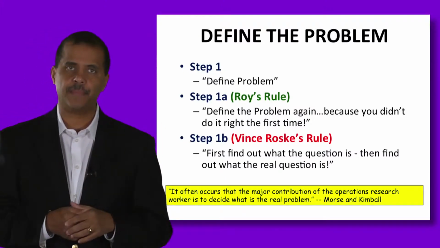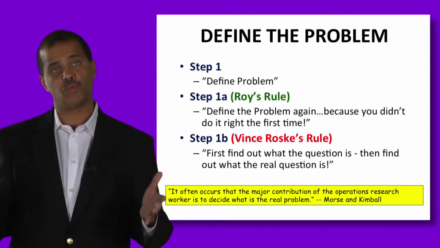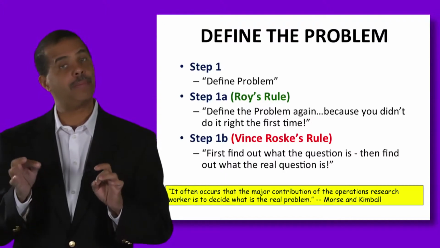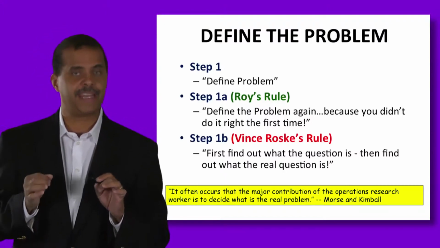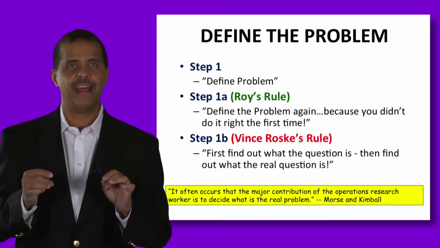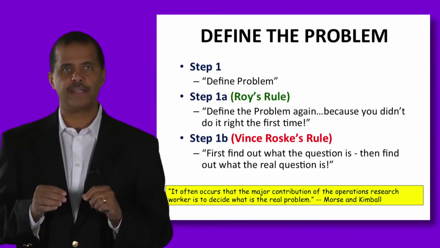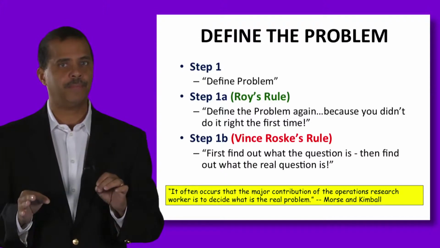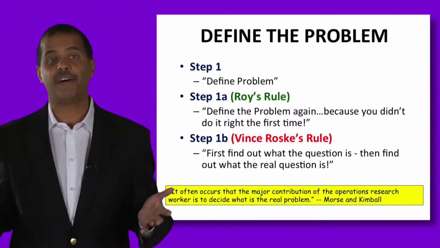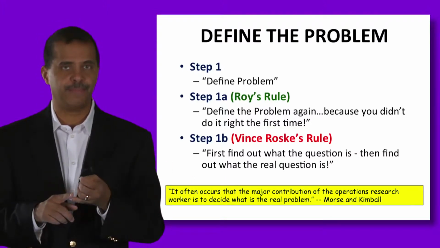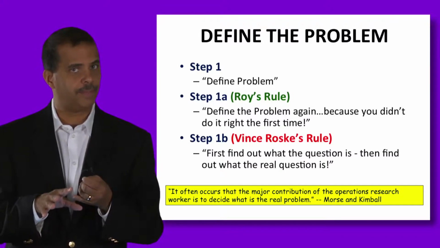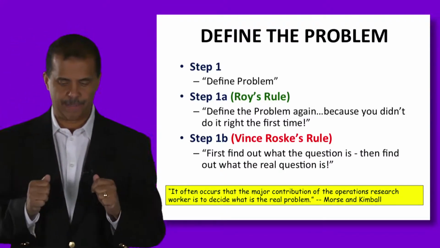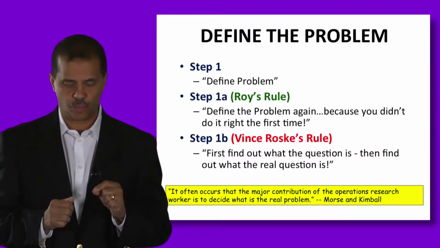What's the second step? It's really Royal's rule. What Royal's rule is, is define the problem once, but define it again and again. That's almost like the 5 whys. Because in a lot of cases, we may think that we're defining the problem, but in actuality, what are we defining? A symptom, but not the problem or the root problem. Define it again. Third step, Vince Roski's rule.